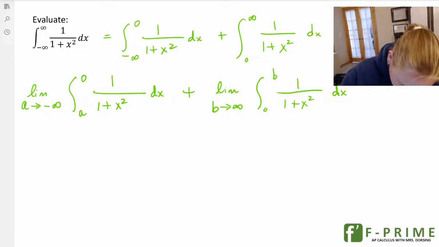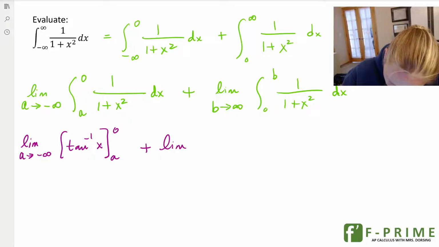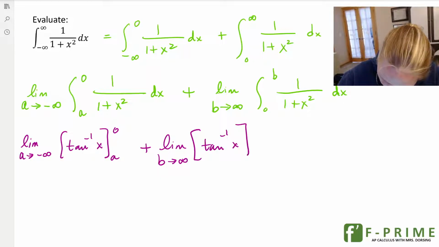So let's go ahead and write this out. The limit as a approaches negative infinity, and this would be tan inverse of x from a to 0. And then b approaches positive infinity, tan inverse of x from 0 to b.